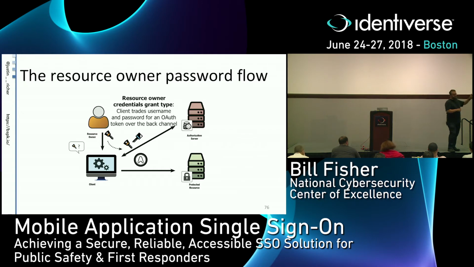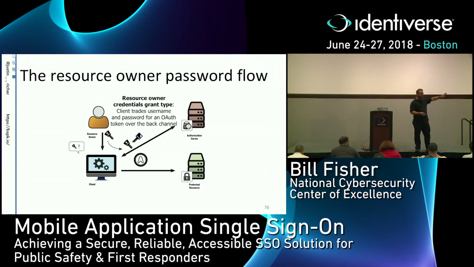The authorization server needs to be able to manage this back-channel thing, which means that we can now not do heuristic authentication. We can't do live multi-factor kind of stuff, because the protocol is all going over the back channel, and if we were to add a multi-factor thing, then we would have to modify all of the clients in order to be able to prompt for that and send that along as well.